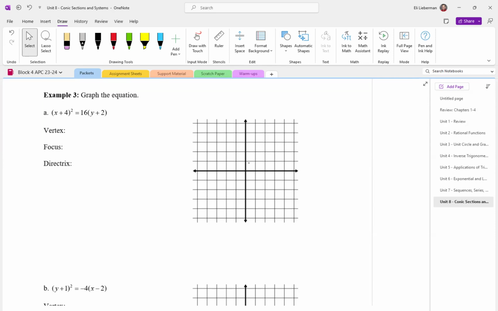No, it's 16. I didn't see that. There's absolute values. I suppose you know. Because.